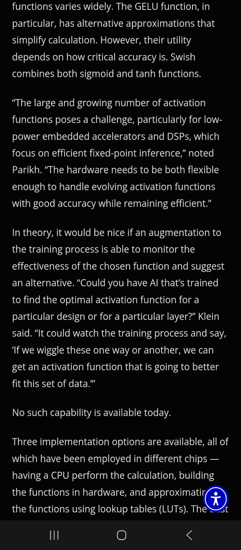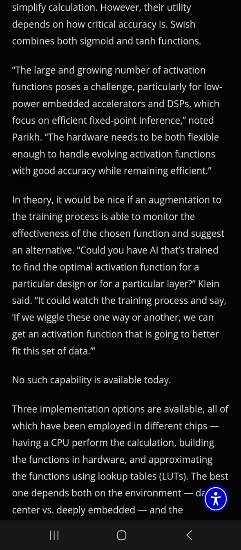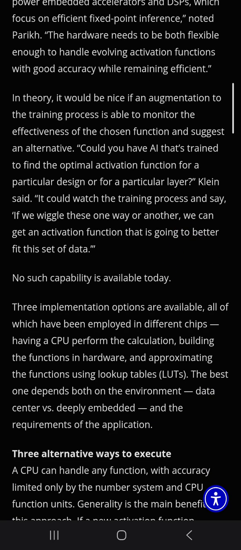Klein said it could watch the training process and say, if we wiggle this one way or another, we can get an activation function that is going to better fit this set of data. No such capability is available today.